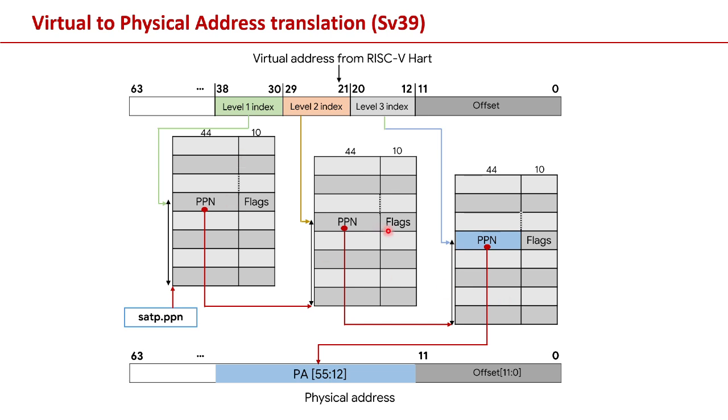So this type of page table is called a non-leaf page table. This page table contains the physical address information. This type of page table is called the leaf page table. So it is important to understand the types of page table.